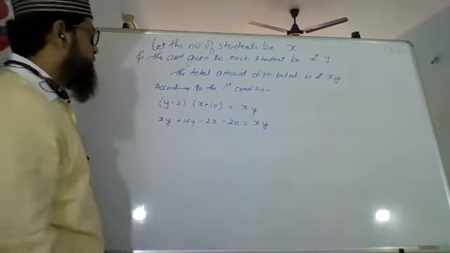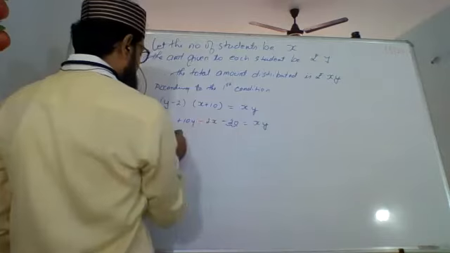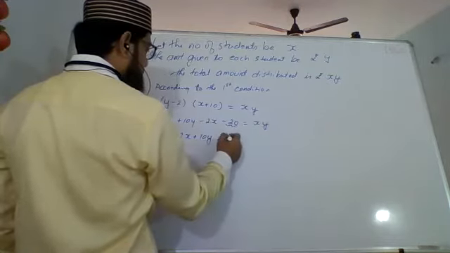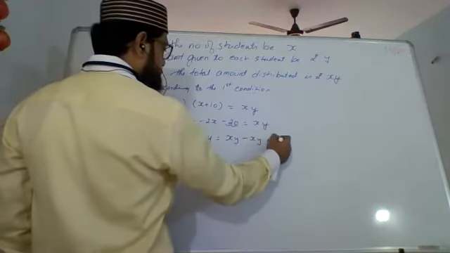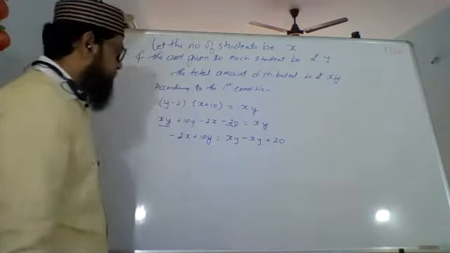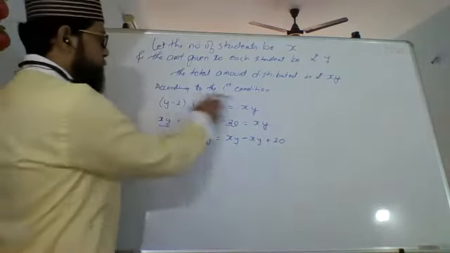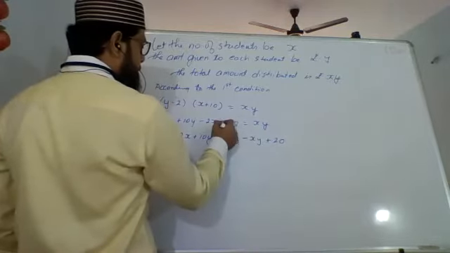Now shift this xy and this minus 20 this side, and I'll write minus 2x plus 10y equals xy minus xy plus 20. This xy when it comes over here becomes minus xy. This minus 20 when it comes over here becomes plus 20.